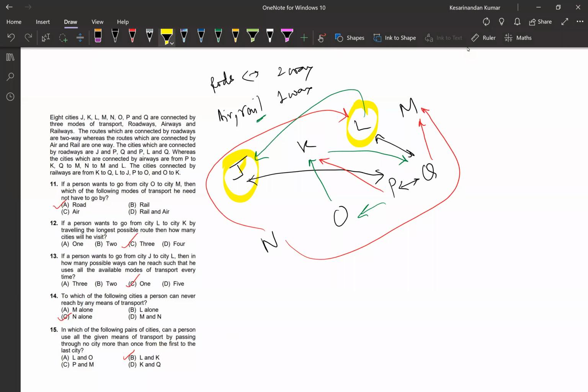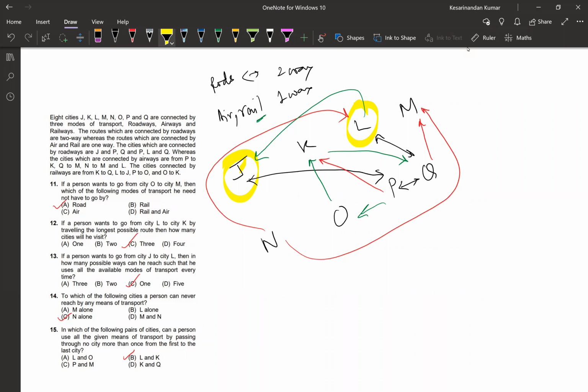So let's move from the one thing that we are sure of: we have to use J to P. After P, use P to K, then K to Q, and Q to L. Is there any other route possible? There's just one route that will give me all the combinations. So that's the answer.